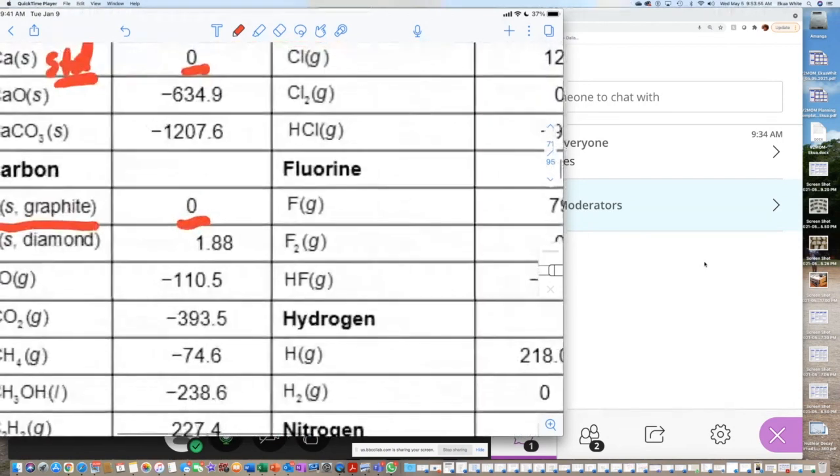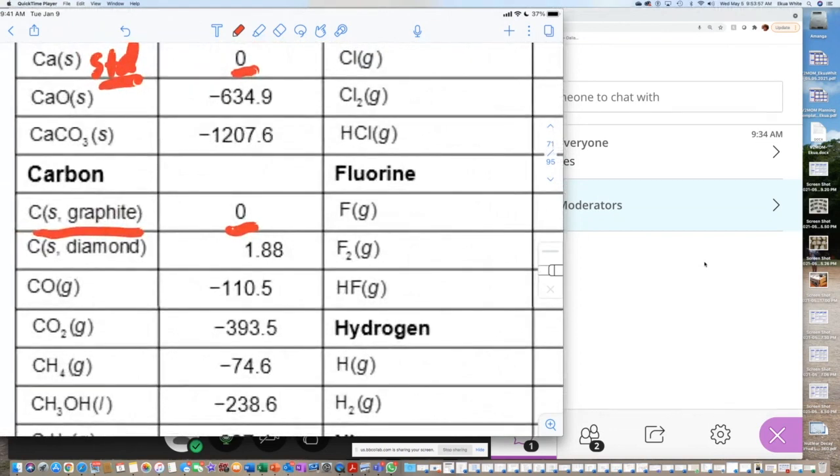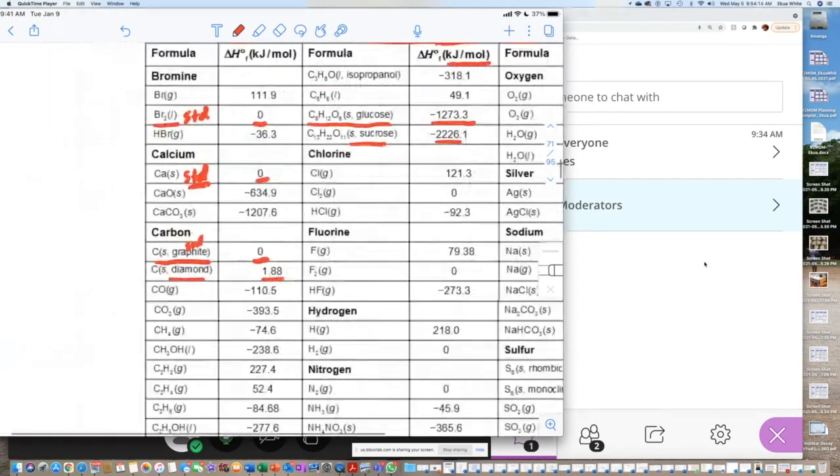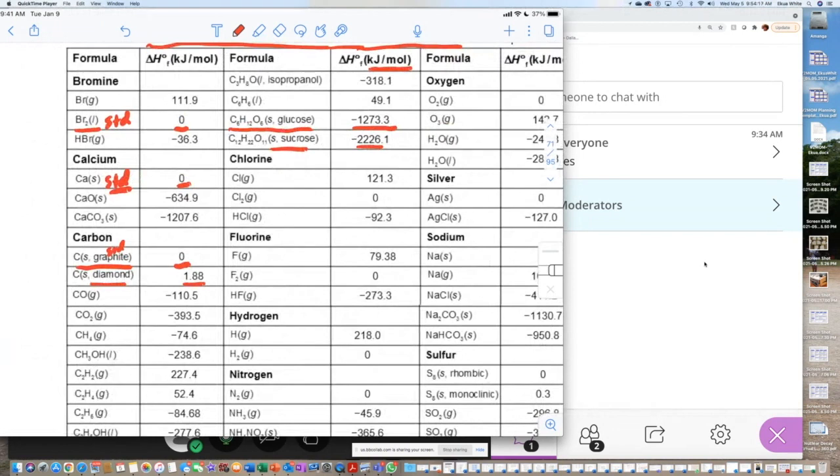Let's look at one that's not in the standard state. Carbon in the graphite form is 0. That's considered standard. But the same carbon in diamond form is considered to have an enthalpy, so this is not considered standard. You cannot use diamond in place of graphite. So it's important when looking at this table to pick the right quantities.